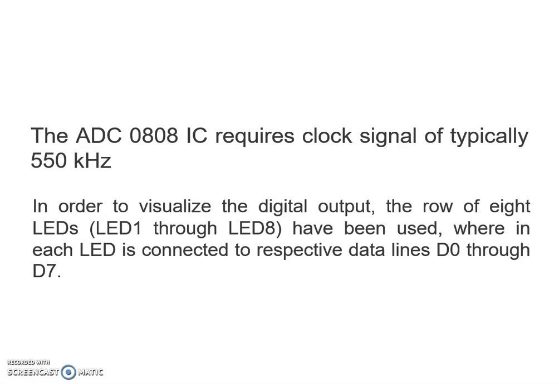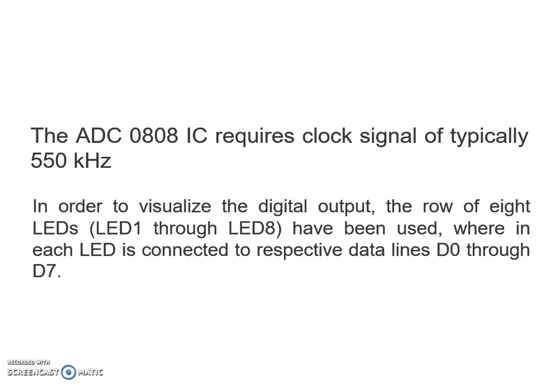In order to visualize the digital output, to test run this ADC chip, we usually put 8 LEDs on the output pins of the ADC chip and see the conversion from analog to digital, directly from the ADC without the use of a microcontroller.